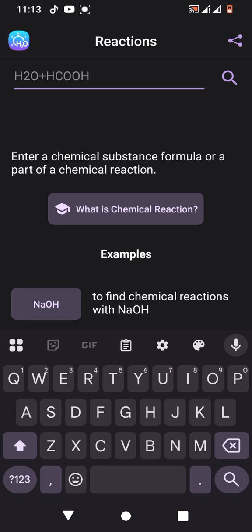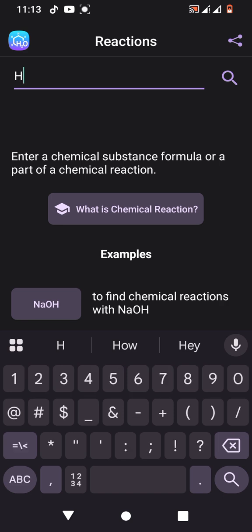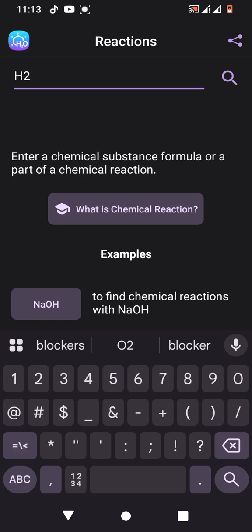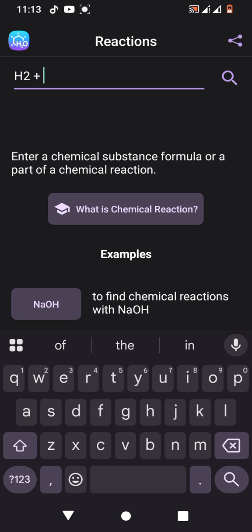So let's add some hydrogen, and hydrogen exists as a diatomic molecule, so it'll be H2. The 2 represents the subscript, so the 2 on your right side is the subscript, because there's no subscript notation here, so we'll take the 2 on the left of an element as a subscript. So this is a hydrogen molecule, and then let's react it with, let's say, oxygen.